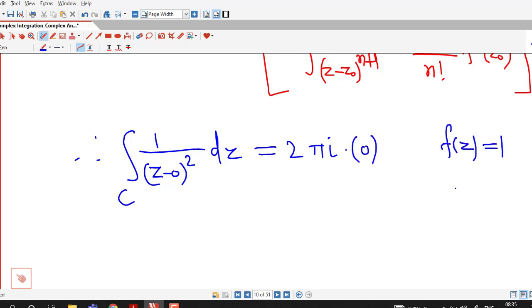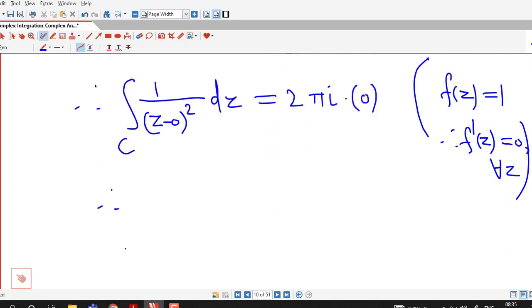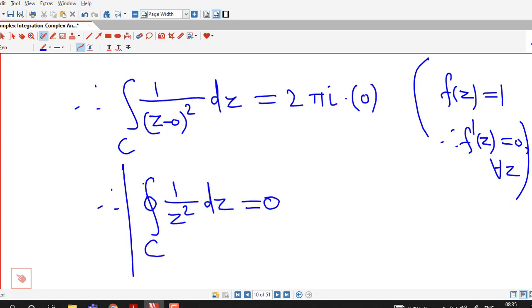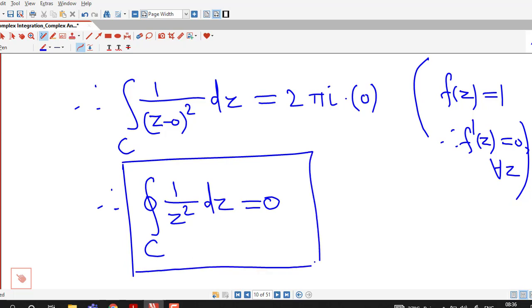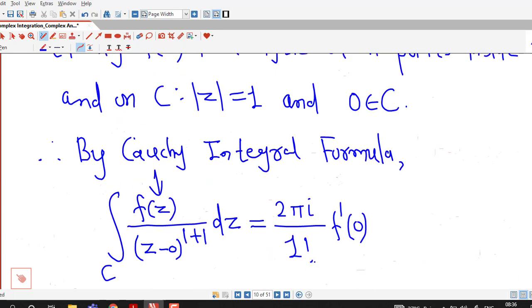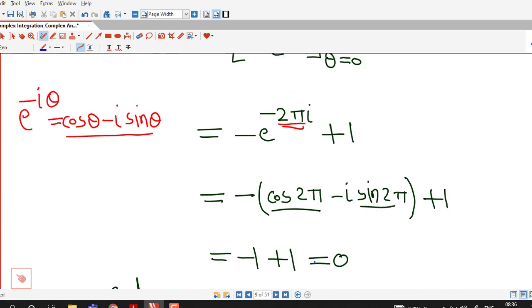Because f of z is 1, f dash z is 0 for all z, therefore f dash 0 is also 0. So we obtain that the integral of 1 by z square over the unit circle is 0 by Cauchy integral formula. So the same problem we have done using Cauchy integral formula.